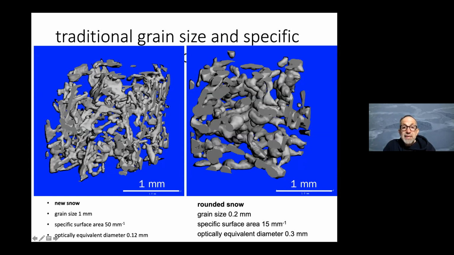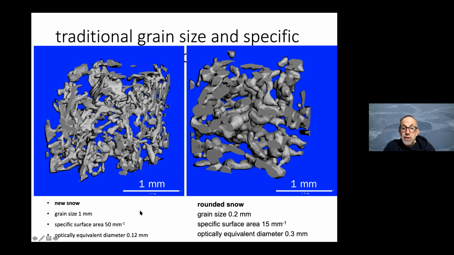The grain size here is about 1 millimeter. The traditional grain size here is about 0.2 millimeter. So the traditional grain size on the right is smaller than for the decomposed snow, the old new snow here, which has longer structures.